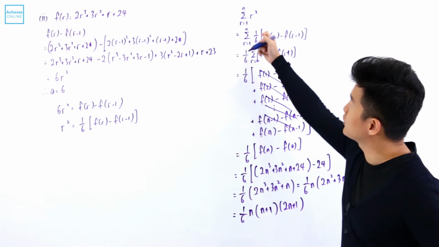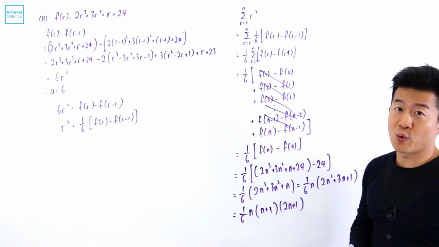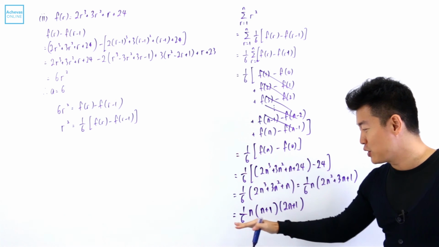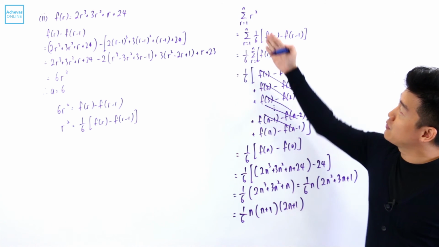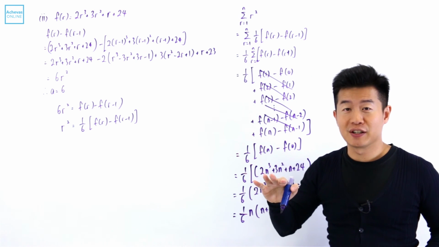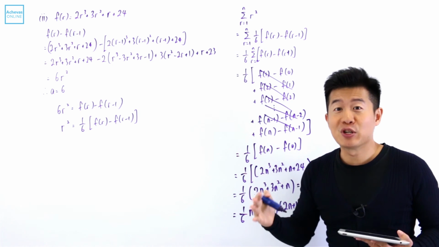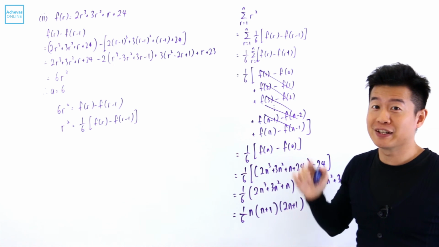And this is the result of the summation from r equals 1 to n of r squared. And if you can recall, in our outline, we do have this in our standard result, because our standard result of r squared is one of the two summations that I was saying. Please try to memorize it. And now what we have done is we have proven that standard result.